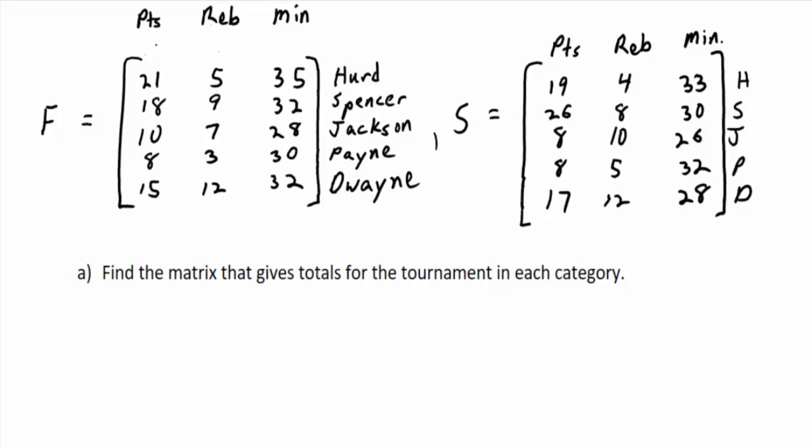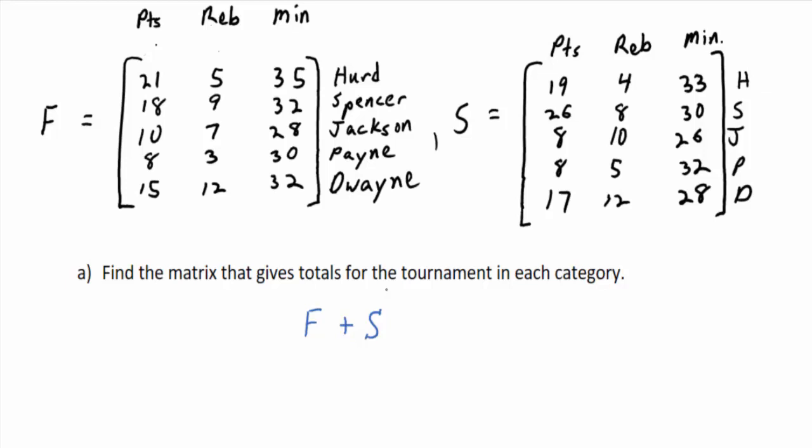What operation? So symbolically, you would just say F plus S, right? And then add entry-wise, and you'd have a single matrix giving you the totals for both games.